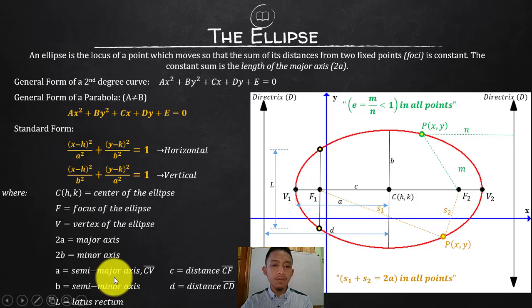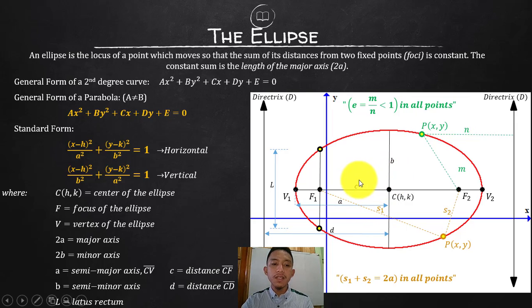Your semi-major is from vertex to center, that is A. And your B is from the center to the farthest distance perpendicular to your major axis, half of your minor axis. So that is A, and that is A, and that is B.